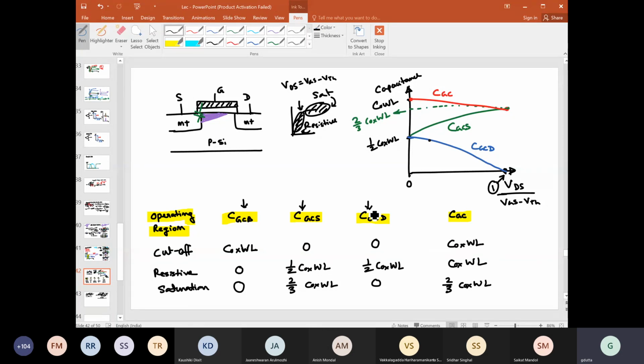All this will come up finally, where we will see how these individual values impact the overall performance of a MOSFET. Suppose you are using this n-channel MOSFET in an inverter, then which part of this do we have to be most concerned about? Those things we need to see. But for that, we should know the sub parts and how they arise in a bit more detail, right?